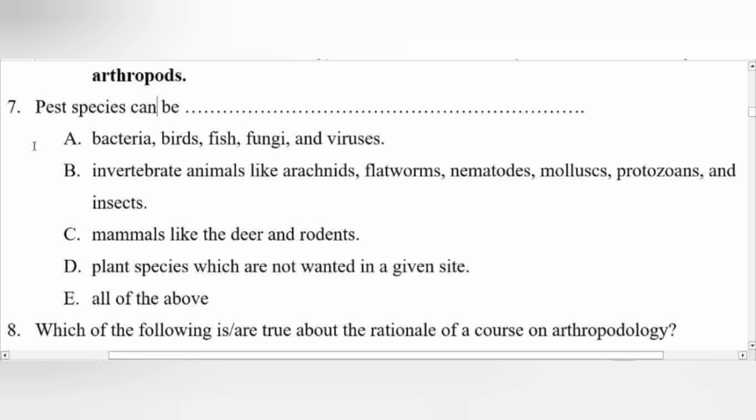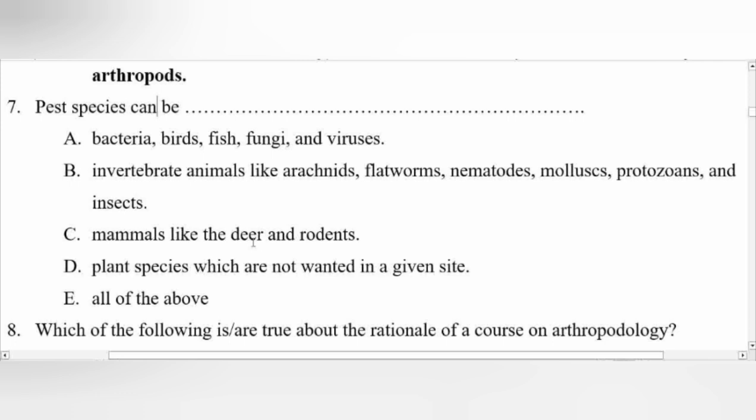Option A can actually complete the sentence. Pest species can be bacteria, birds, fish, fungi, and viruses. So this one can complete the sentence. Option B too can. Pest species can be invertebrate animals like arachnids, flatworms, nematodes, mollusks, protozoans, and insects. Pest species can be mammals like the deer and rodents.